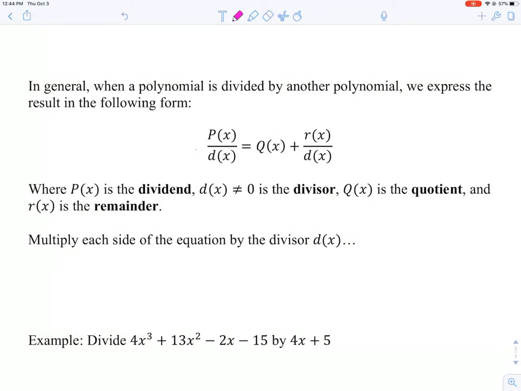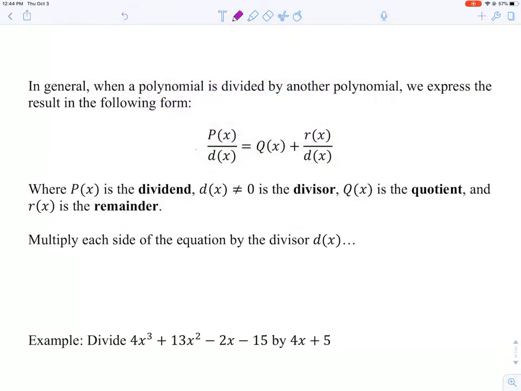So in general, when a polynomial is divided by another polynomial, we can express the result in the following form. So p of x, remember these are polynomials, so p of x divided by d of x will equal q of x plus r of x over d of x.